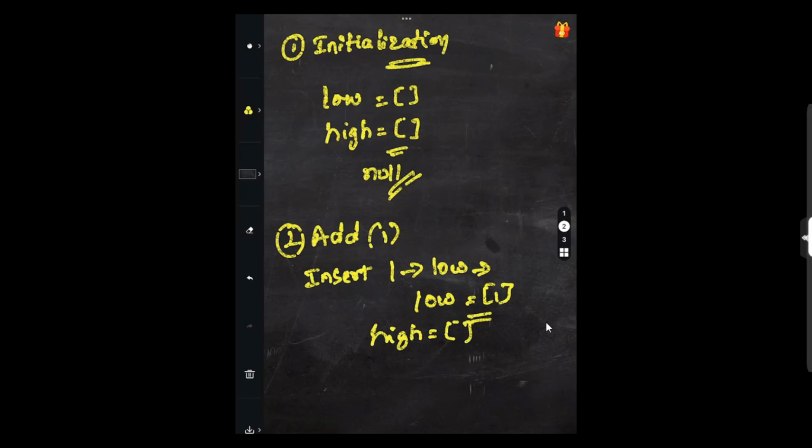We are just inserting. This is the add of 1 operation we are doing. So low will be 1 and high will be empty. So no balancing is required. So still the output will be null because the method add returns void or null as per the return they have given in the code, right? So the return value is still null.